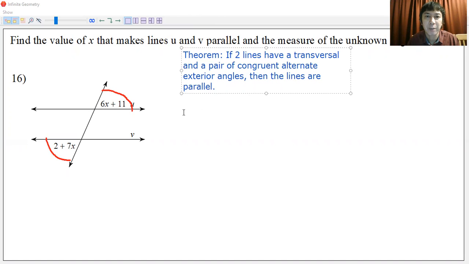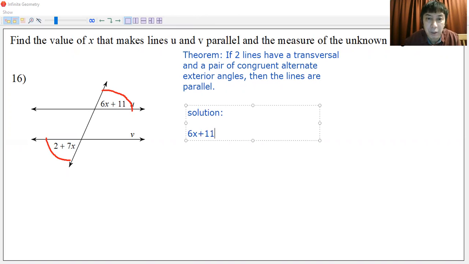So let us set up our solution. The angles are supposed to be equal. So we will have 6x plus 11 must be equal to 2 plus 7x. We start by subtracting the 6x, the lower value.